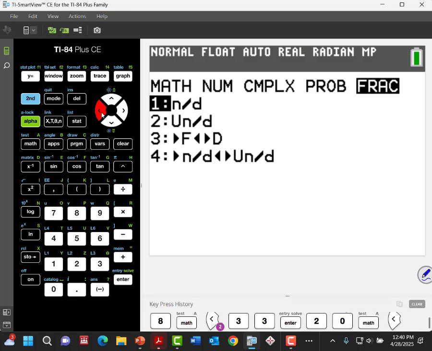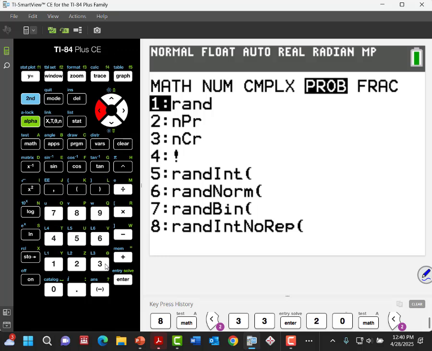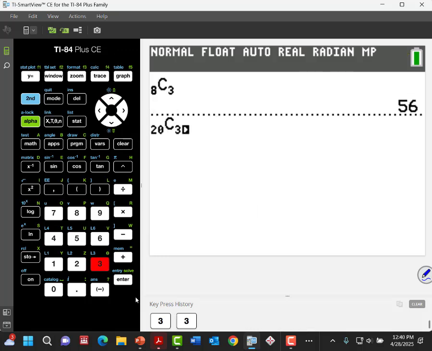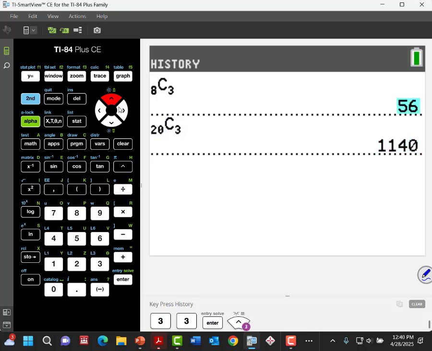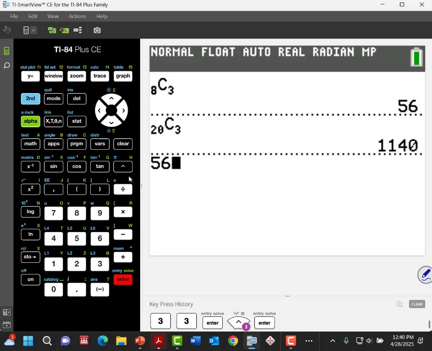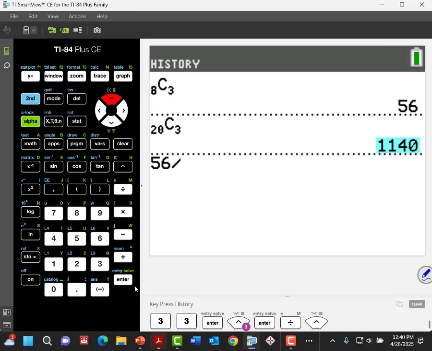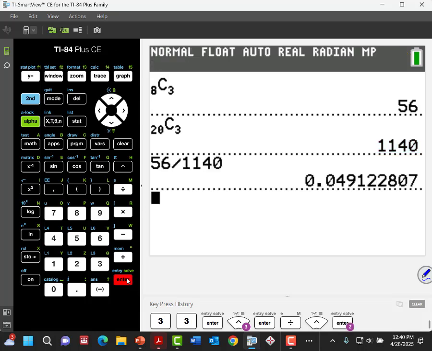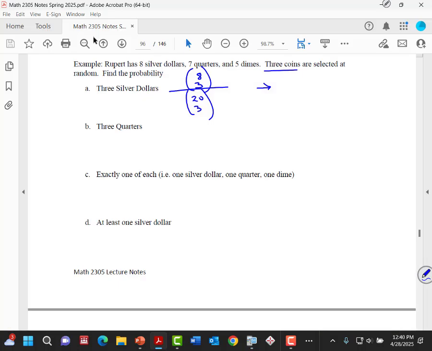So 20 math, probability, combination 3. So 56 out of 1140. So about 0.049 would be this probability right here.